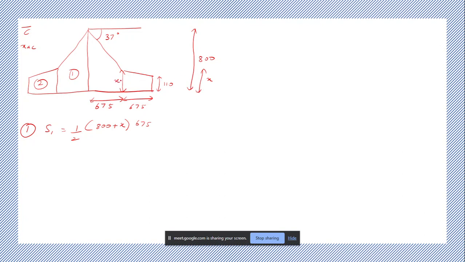This is x. How do you find that? This is straightforward. If you understood the previous week's problem, this should be much easier than that.